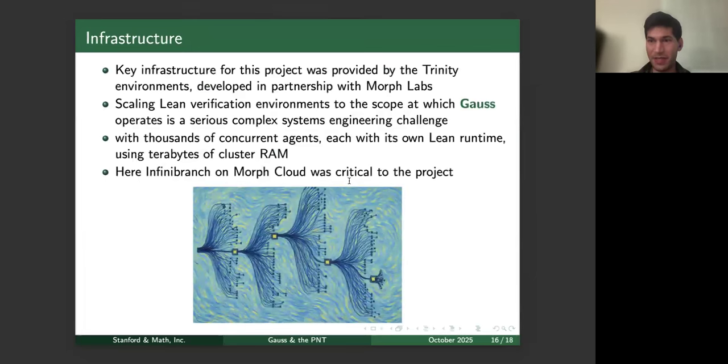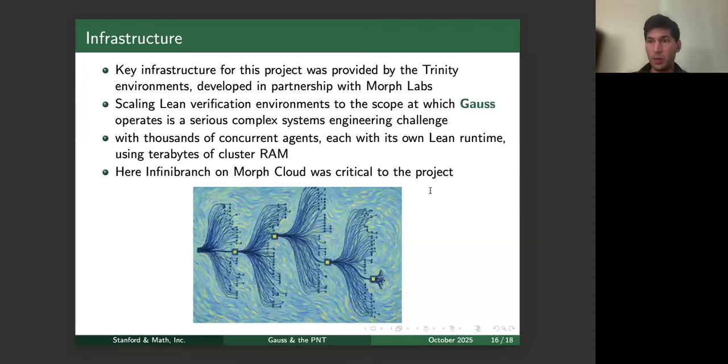So I also want to say some words about the infrastructure and the engineering, which is maybe the unsung hero in this whole effort. Key infrastructure for this effort was provided by Morph Labs previously in the summer, using so-called Trinity environments, which are these Lean environments.